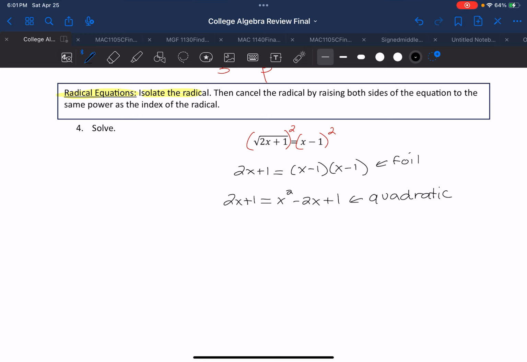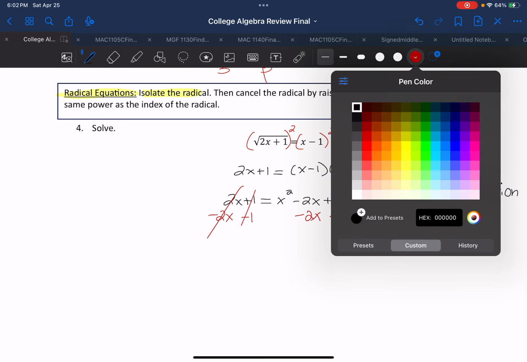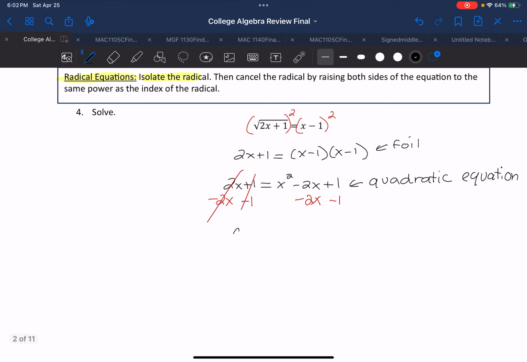So now to solve the quadratic equation, I need to get everything equal to 0. So I'll subtract 2x from both sides and subtract that 1 from both sides. So this will leave me with 0 is equal to x squared minus 4x. And the 1's will cancel. 1 minus 1 is 0. So we'll just be left with this.